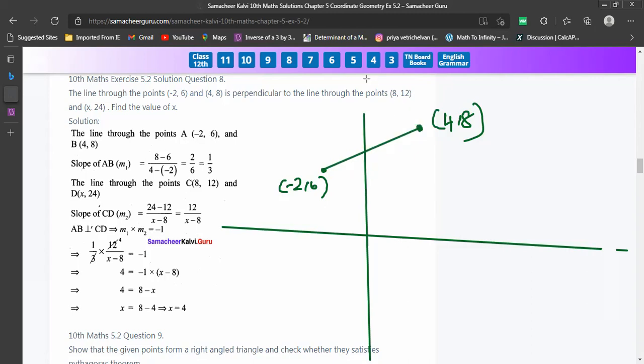Then (8, 12) and (x, 24). So 24 means the y-axis length, but we are not sure about the x, so that we need to find.